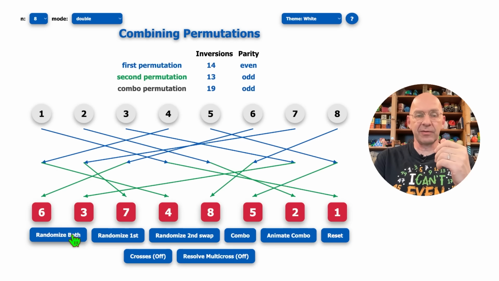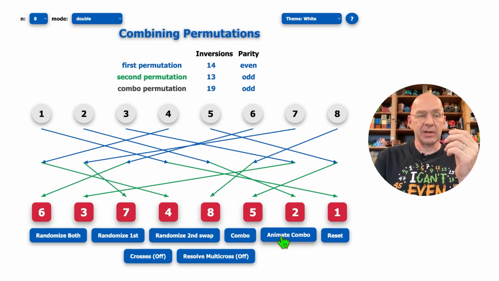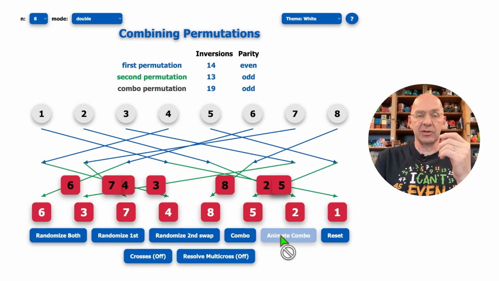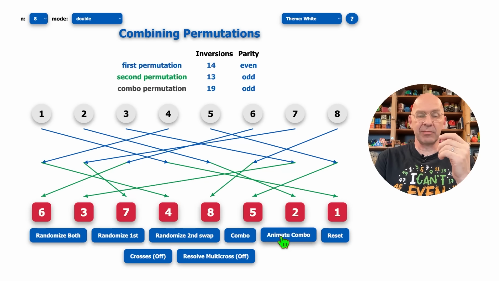So instead of having a random permutation followed by a swap, we can actually have 2 random permutations in sequence like this and combine them. So what actually gets permuted and how? Well, let's just animate it. Start out with the tiles in their original positions, then the first permutation shuffles them around, and then wherever they are, you apply the second permutation, and that's the result of putting both permutations together.